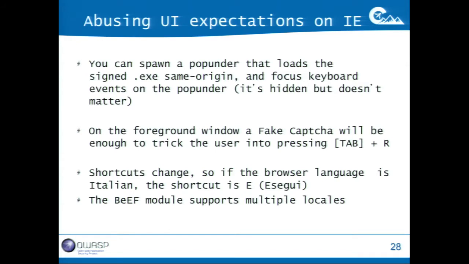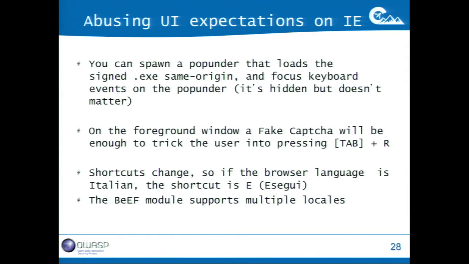If you spawn behind the main foreground window a pop-under that has the executable you want the victim to run, what happens is that for some reason in Internet Explorer, you can direct keyboard input arriving in the foreground window to the pop-under. The pop-under can obviously be spawned exactly behind the main window, so it's not visible to the user. And then the only thing you need to do at the end is display a fake captcha in the main window.